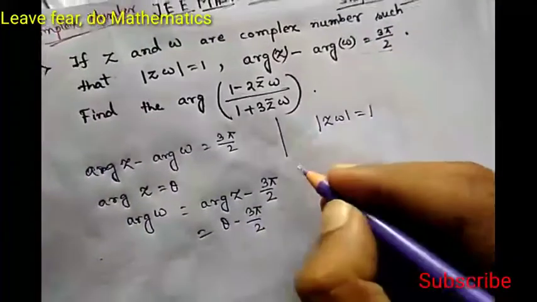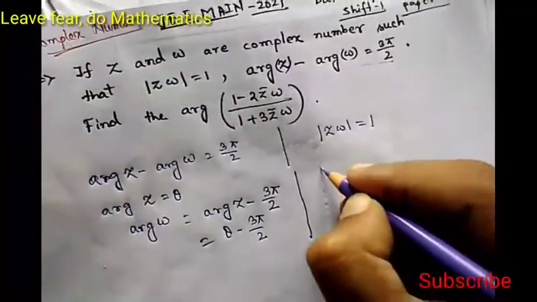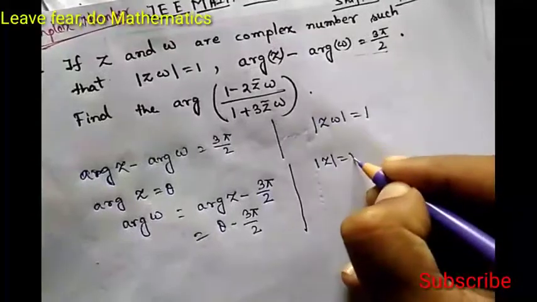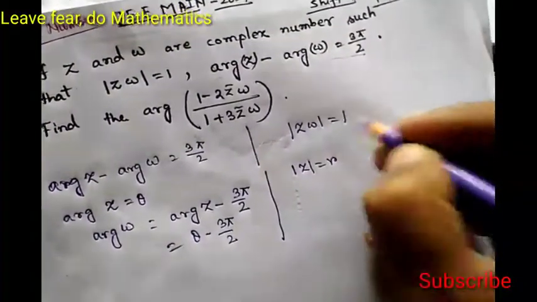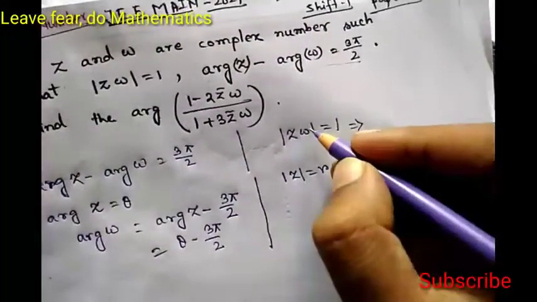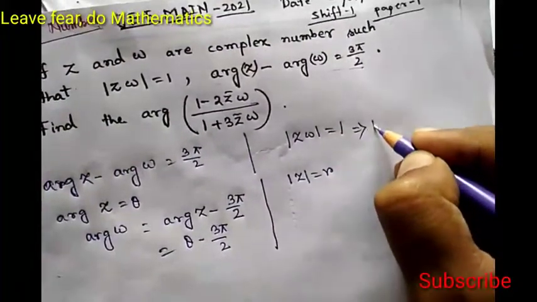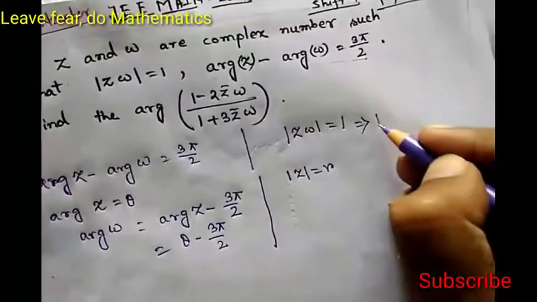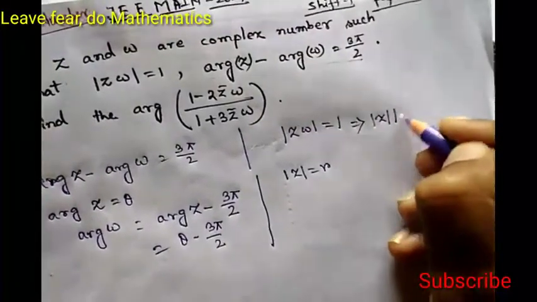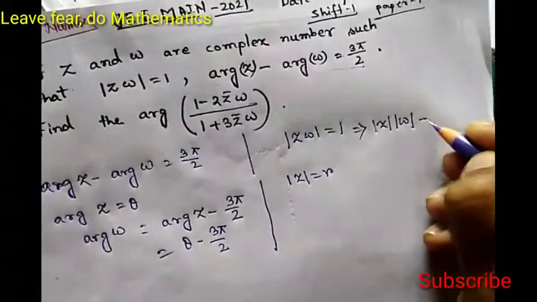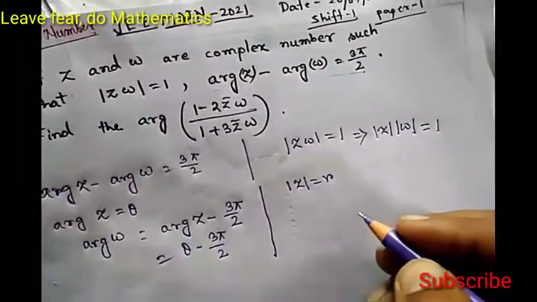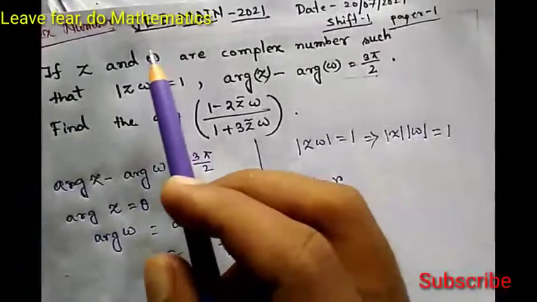Okay, now again suppose that the modulus of Z equals R. Now the modulus of ZW equals 1 implies, since the modulus of Z1 Z2 is modulus Z1 times modulus Z2, that modulus Z into modulus W equals 1.